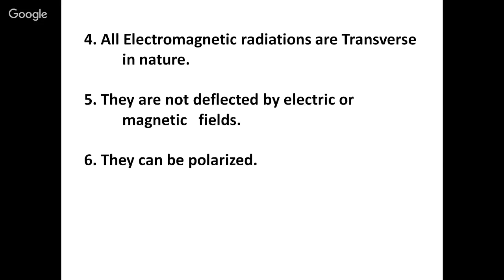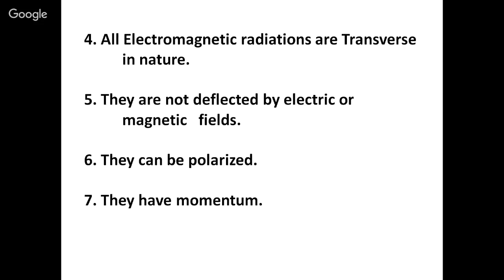In the examination, if you get a question like mention some of the properties of electromagnetic radiations, it may be for 2 marks or 3 marks. Whatever the number of marks, accordingly you can choose the properties whichever you know at that time.